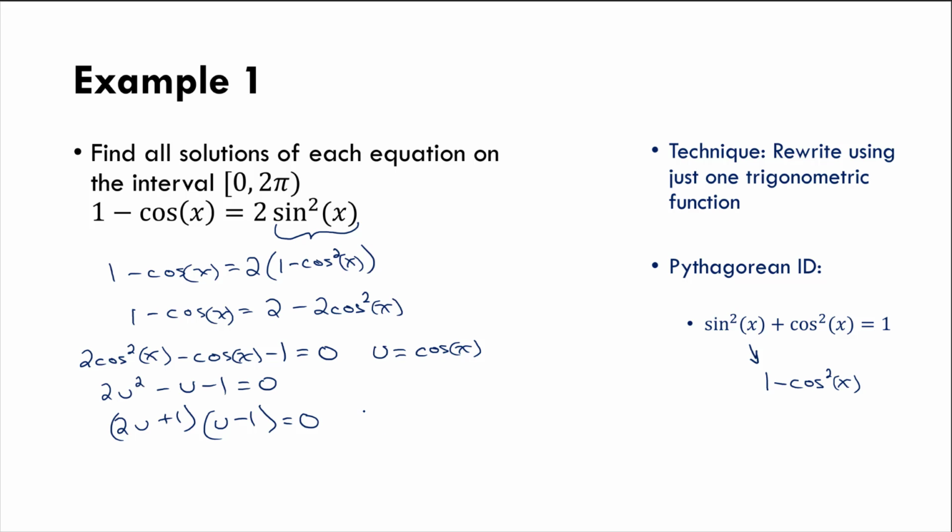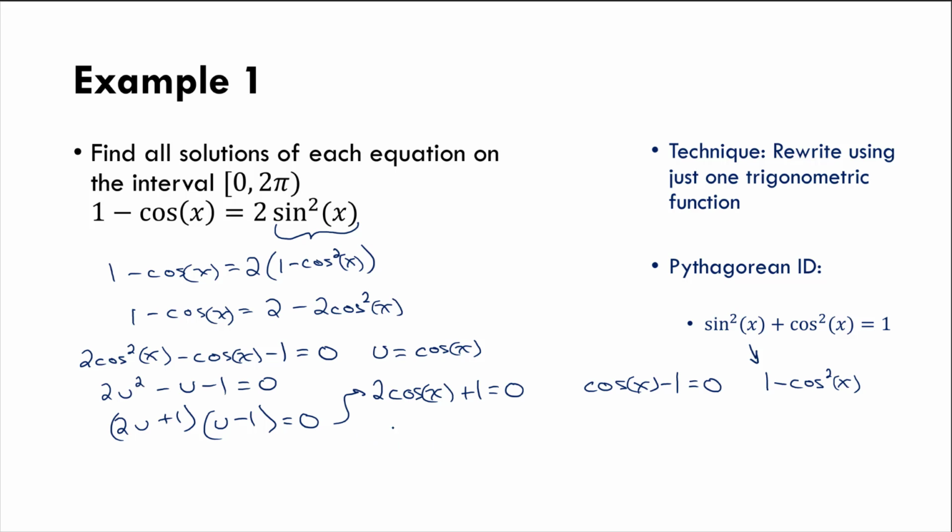We can use our zero product property: 2 cosine of x plus 1 is equal to 0, and cosine of x minus 1 is equal to 0. I just set each of these equal to 0 and substituted in my cosine for u again.